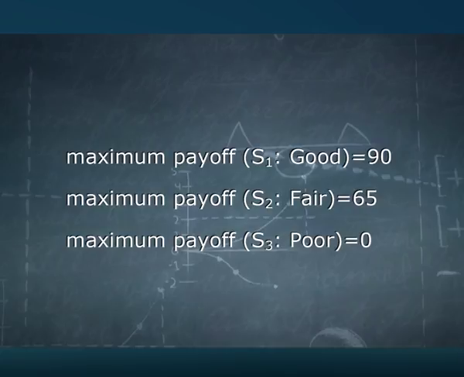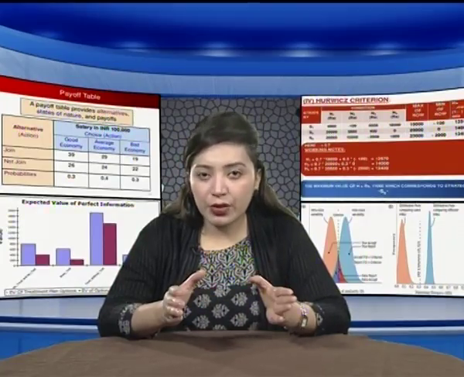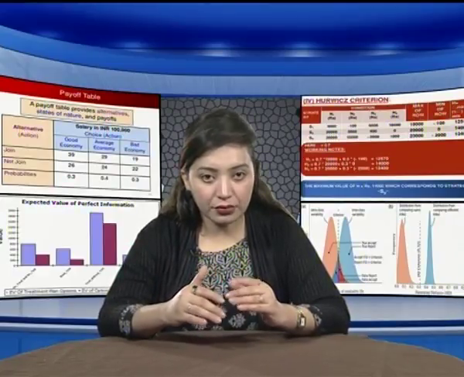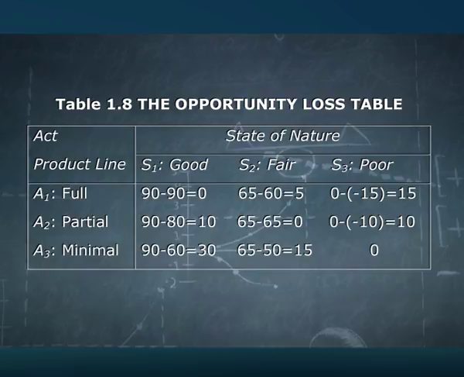Maximum payoff for S2, that is fair, is equal to 65. Maximum payoff for S3, that is poor, is 0. Second, the opportunity loss table is constructed column by column by subtracting each value from the maximum value in its column. The resulting opportunity loss table is shown in table 1.8.